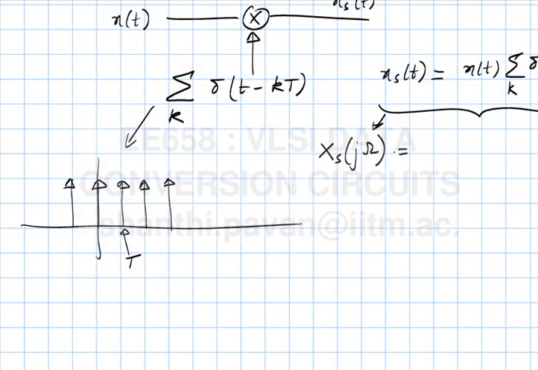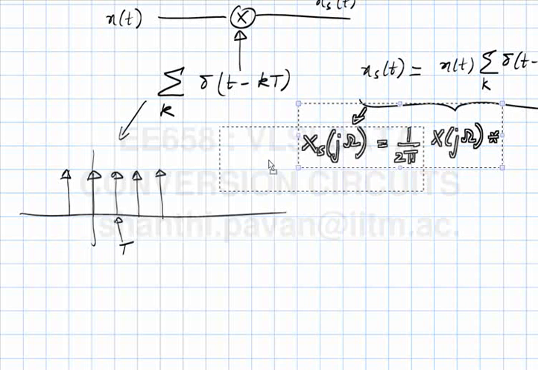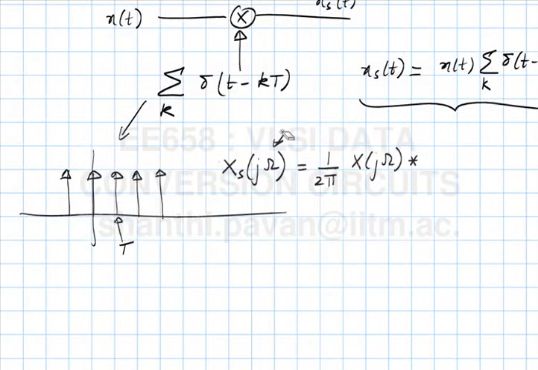when you multiply two signals in the time domain, their frequency spectra are convolved. So Xs of j omega is nothing but 1 over 2 pi times X of j omega convolved with the Fourier transform of the delta train.